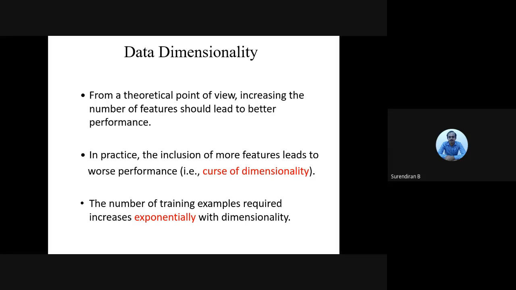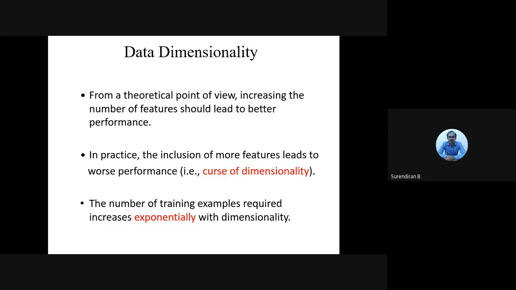And some data sets will not have images; we'll be having actual numerical data and other data. For that we'll be using these classifiers. When we have more data, the classification takes more time, the complexity increases, and it leads to worse performance.